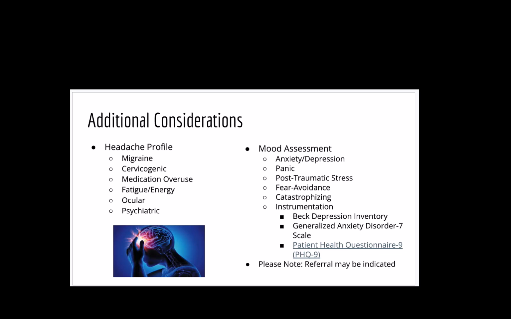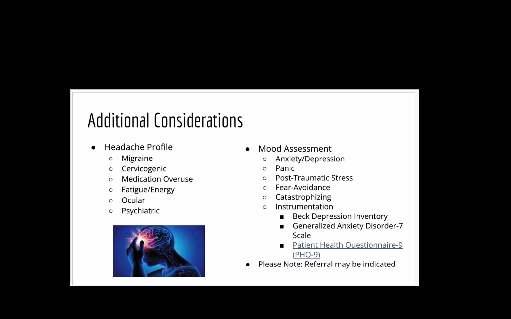As we talked about before, headache is the number one most common symptom reported, and it's really important that you engage in differential diagnosis of their headache profile because there are a lot of different presentations of headache related to certain things. Migraine presents a very certain way.